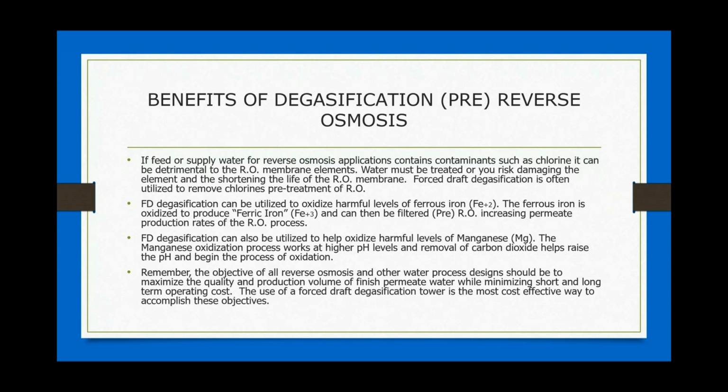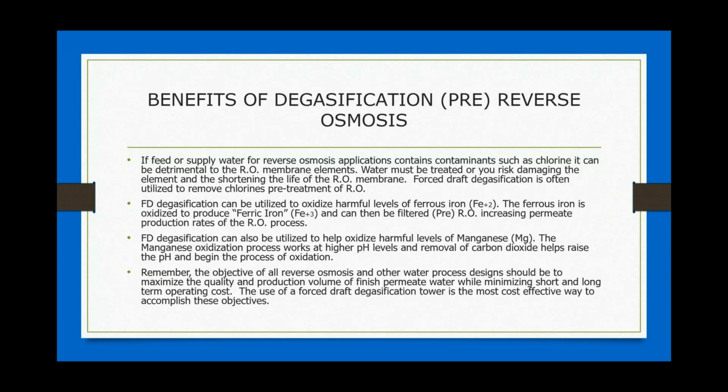Last, for all of us that are in this business, remember the objective of reverse osmosis and other water process designs should be to maximize the quality and volume of finished permeate water while minimizing the short and long-term operating cost.